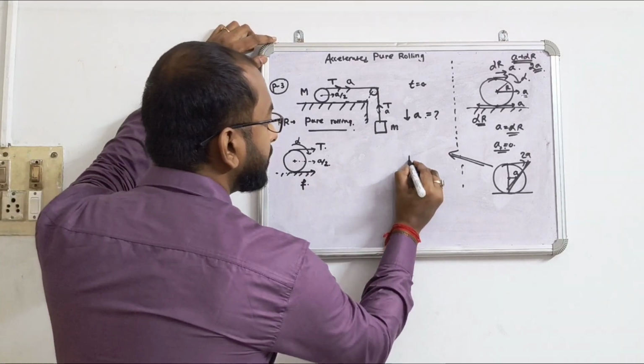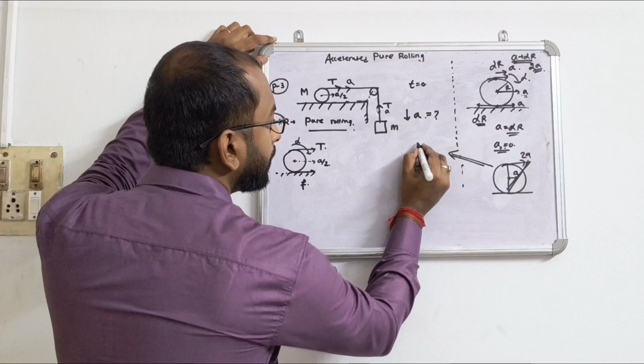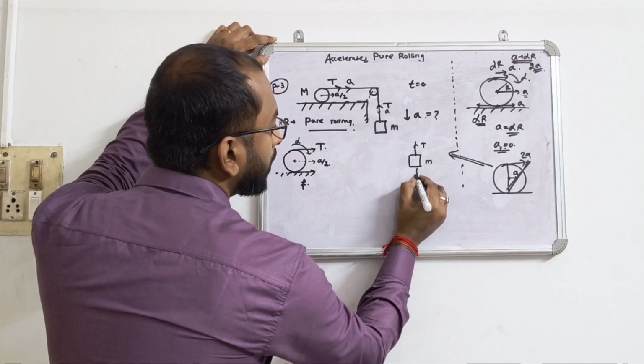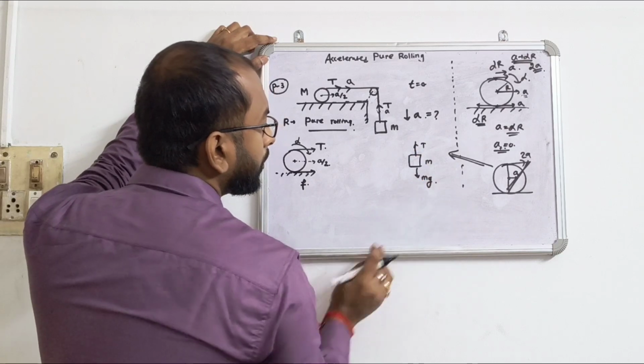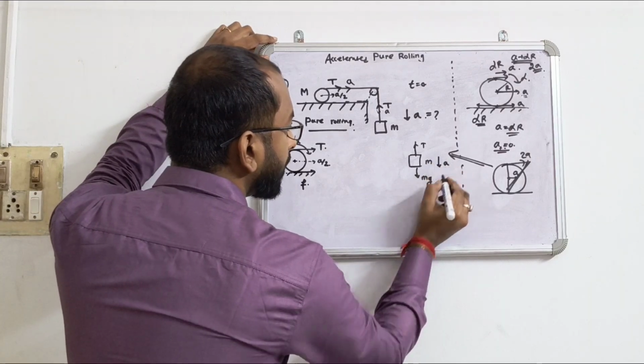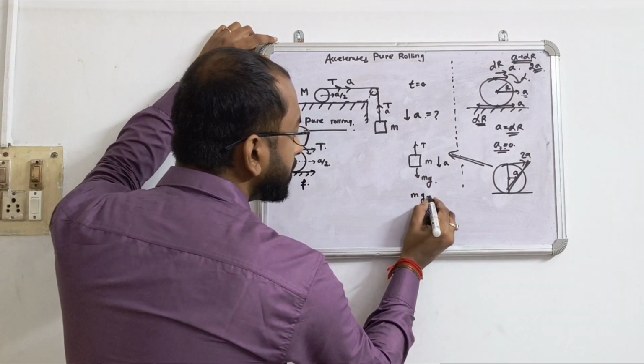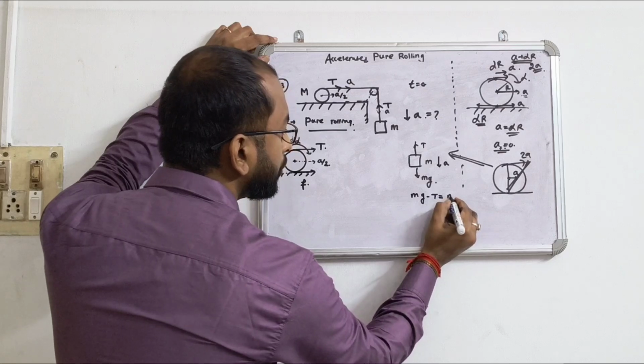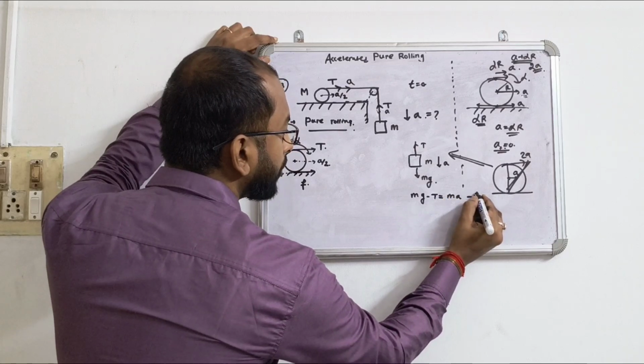So if I draw the free body diagram, this is the free body diagram. For this mass, what is the free body diagram? Tension is acting upward, weight is acting downward, and it is ultimately moving down with acceleration A. So we can write mg minus T is equal to m into A. That is our first equation.